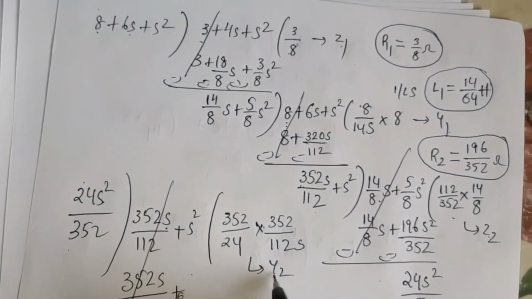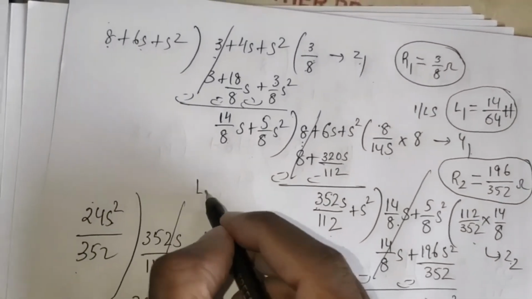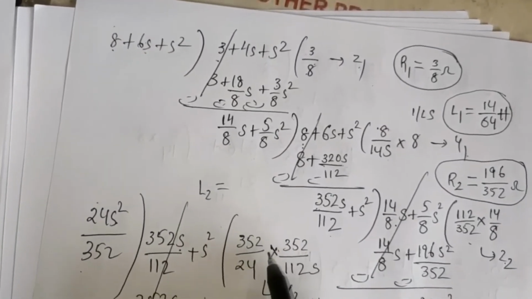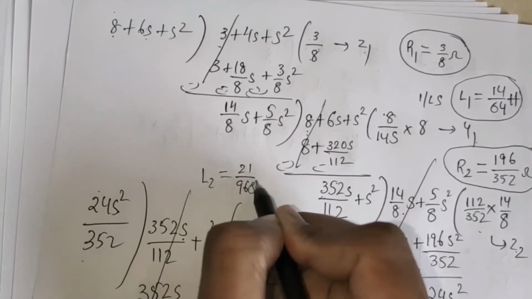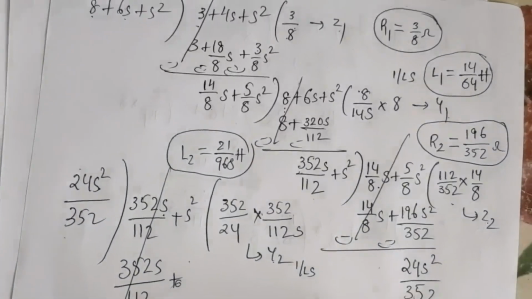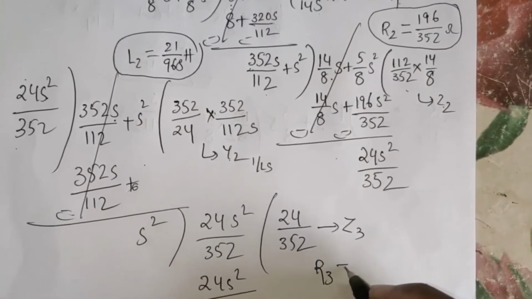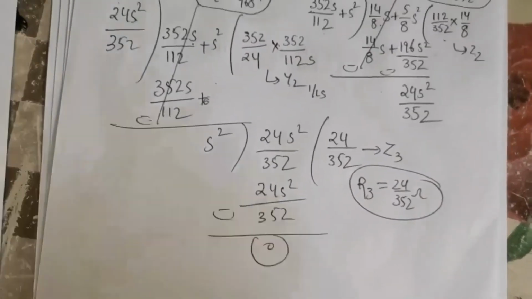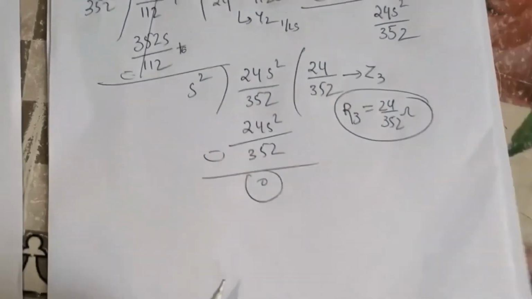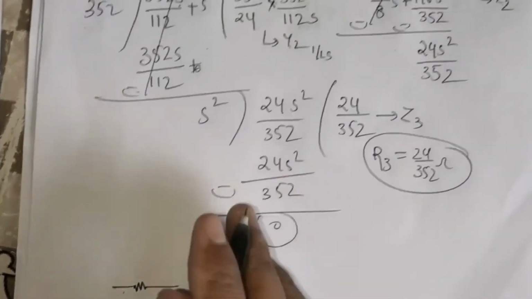Since it is admittance, it is in the form of 1 by Ls. So L2 value, if you simplify this, you will get 21 by 968 henries. And the last term is a constant, so R3 value is 24 by 352 ohms. So the network synthesis ladder: the first term is a resistor of value 3 by 8 ohms.